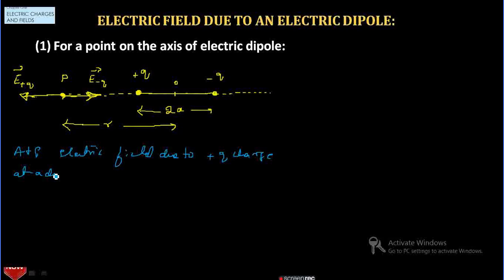What is the distance? At a distance of R minus A. Remember, this is very important. This is what is called as the distance from plus Q to point P. So totally R is the distance from the center, but we have to consider minus A.